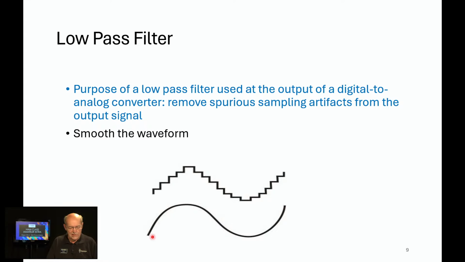So if that's filtered, you can get this representation. It's kind of a funky looking sine wave, but I think you get the idea. So that low pass filter is important at the output of a digital to analog converter to get rid of those artifacts from the output signal.